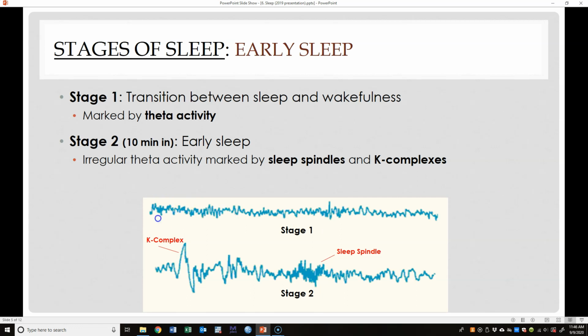You can't really see it well here, but this waveform starts to get larger than your alpha activity that we saw before. We'll get to a slide that pulls all this together. But basically, this waveform starts to slow down. This is when you're making that change from relaxed wakefulness to sleep.